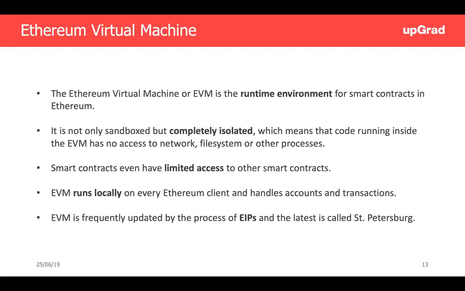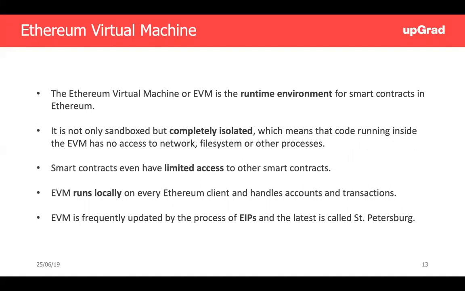So it doesn't interact or interfere with your base operating system in any sense. All it does is take some of your computing resources and use them for its processes. Otherwise it's a completely sandboxed and isolated environment. That is important because you want that level of security if you're trying to create something like what Ethereum has created.